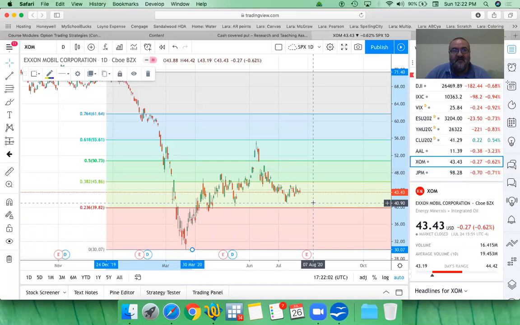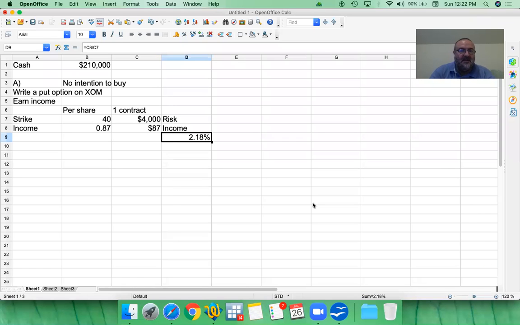And if that happens, I simply end up buying Exxon at $40. And therefore, in the account, I need to have $4,000 to cover that. And come the maturity of August 21st, I will have 100 shares at $40 a share, whatever the Exxon price is below that price.